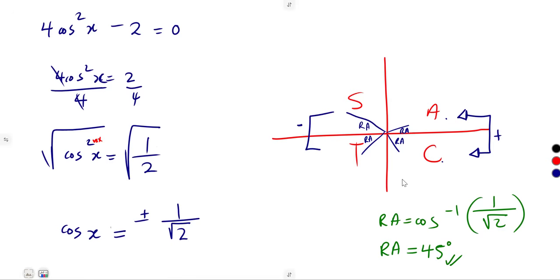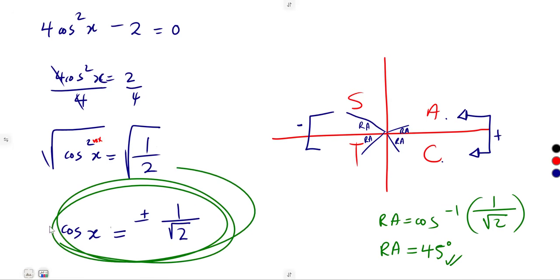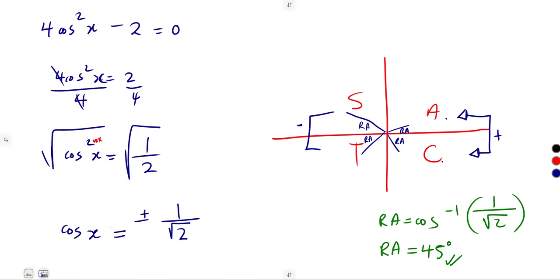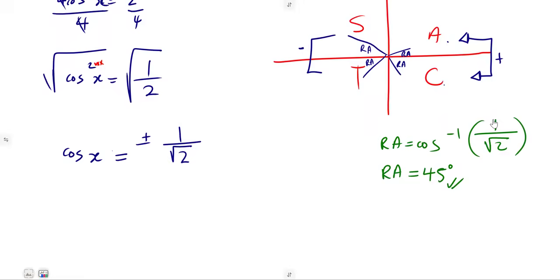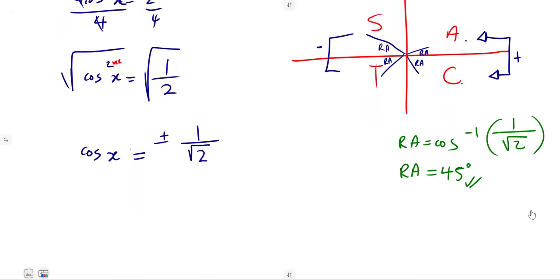To analyze our final solution from this, because our cos can be positive, can also be negative. For positive values, when this cos is positive, we have the first quadrant.